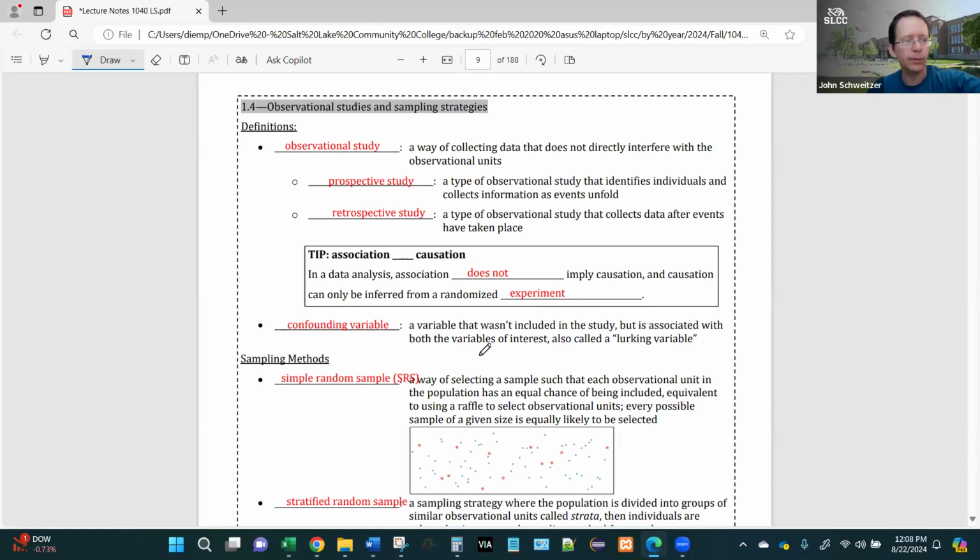Okay, so some definitions. This first definition is observational study. So an observational study is a way of collecting the data that doesn't directly interfere with the observational units. Okay, so when you observe, it has that connotation of being kind of passive and not really intervening, right?